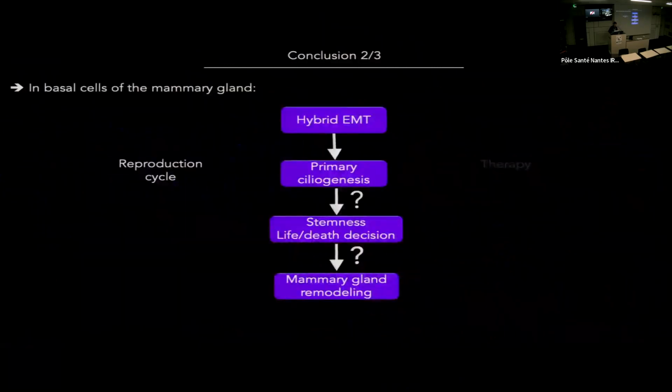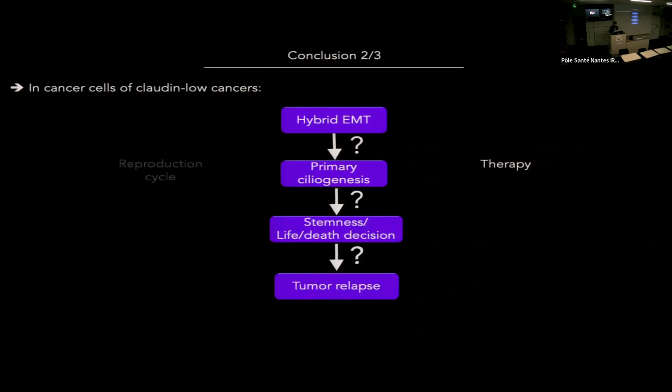So to conclude on this part, we think that during the reproduction cycle, a hybrid EMT induces ciliogenesis in basal cells, and we are now developing strategies to investigate the role of cilia in stemness and life-death decision of basal cells and in mammary gland remodeling. I have a few slides left.